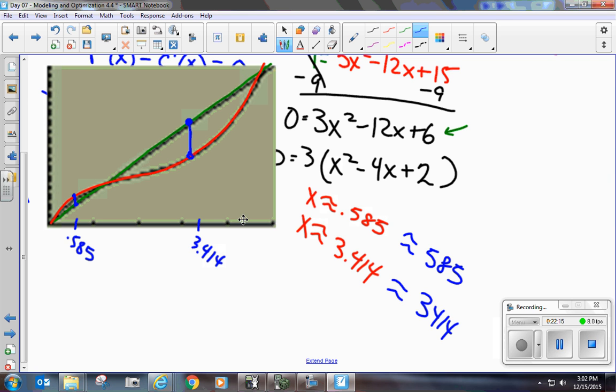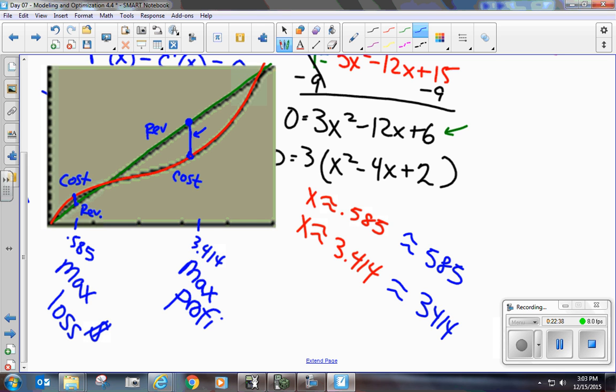We want the gap where our revenue is higher than our cost. So we want this gap right here. This gap has our costs more than our revenue. So this is actually a maximum loss of money here. This represents a maximum profit. So we definitely want that value right there.